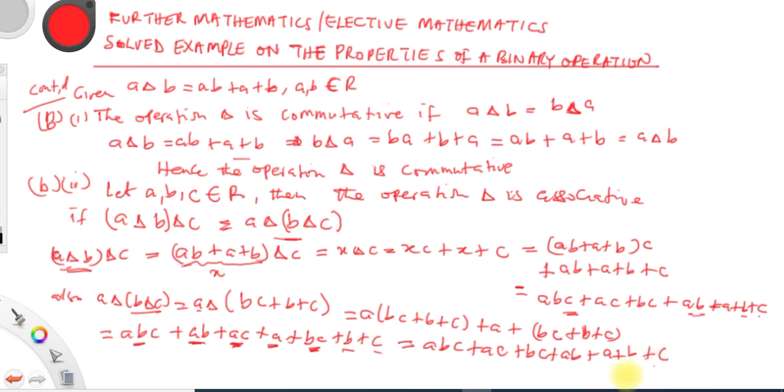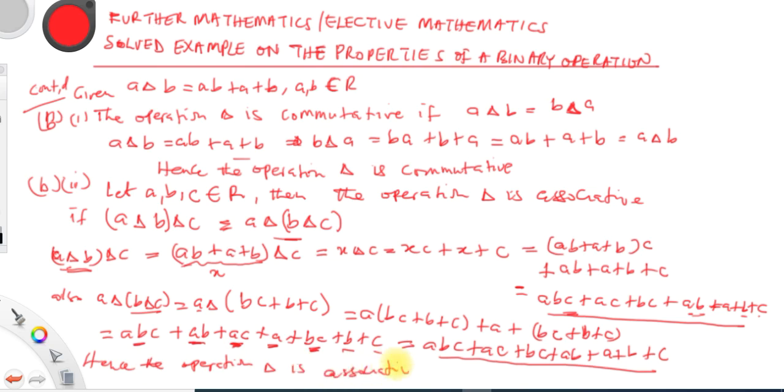Yeah, so you see that this is equal to what we have here. This is the same as this. Therefore, you can say that hence the operation triangle is associative. Why?